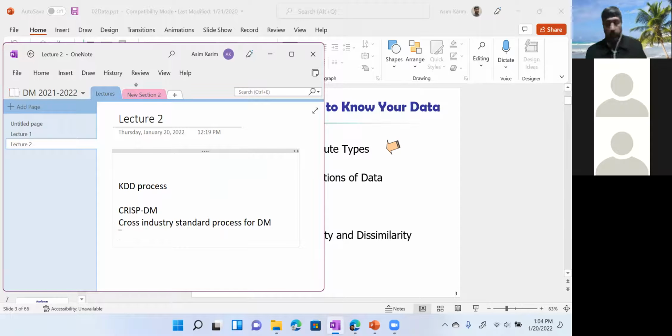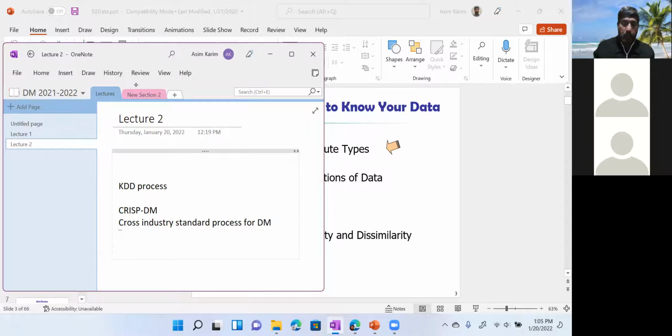This is promoted by several top companies, including IBM and others. There is one other competing standard, which is very similar to this, so I wouldn't go into that. The main thing I wanted to highlight in this standard is that it defines several stages of processing.